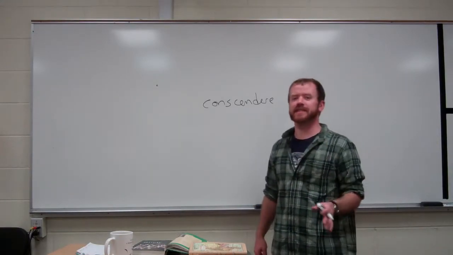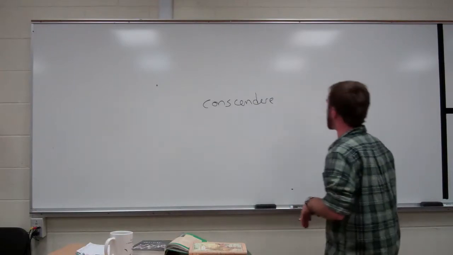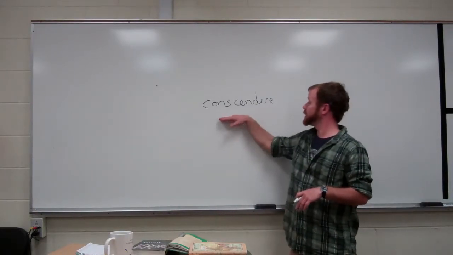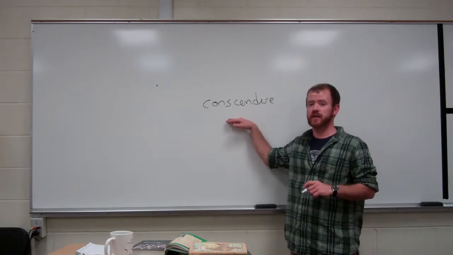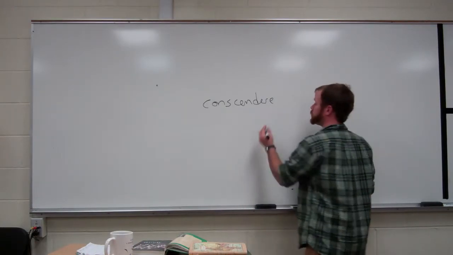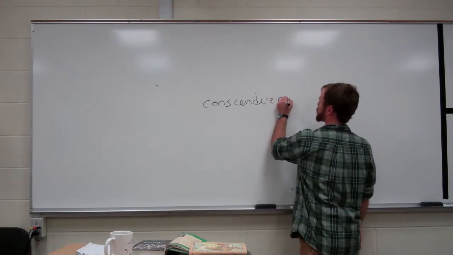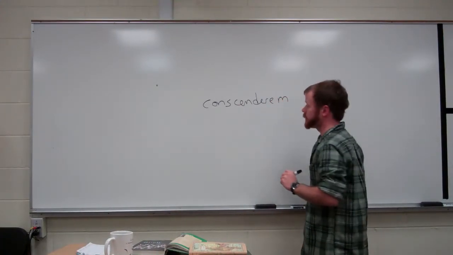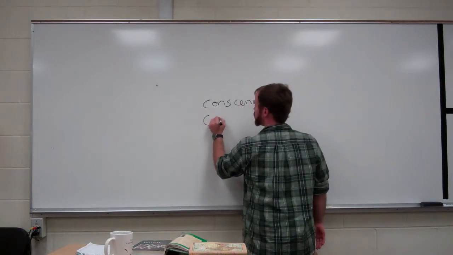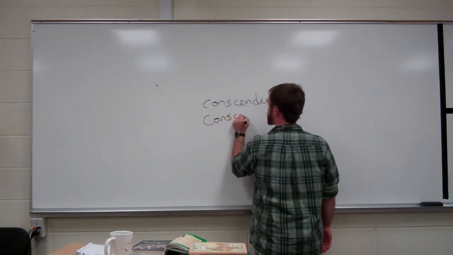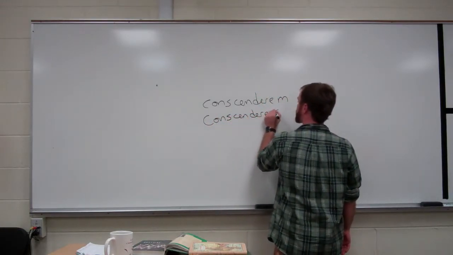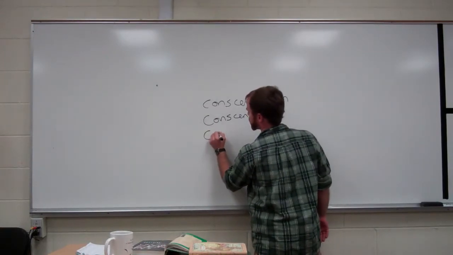Yeah, I know it's like Dora, whatever. So you take the second principal part, and then you just add your endings. So, first person singular, consenderem. Consenderes, second person singular.